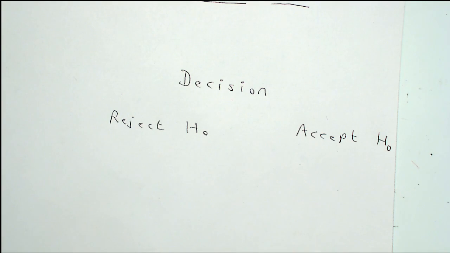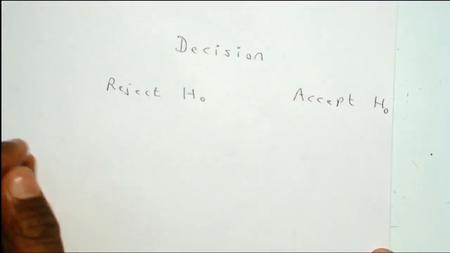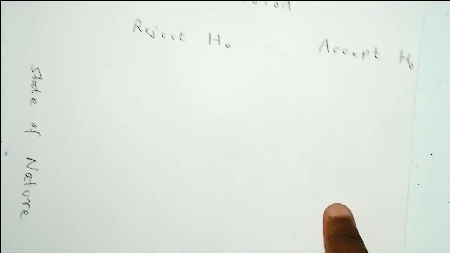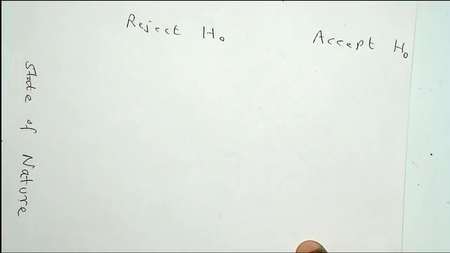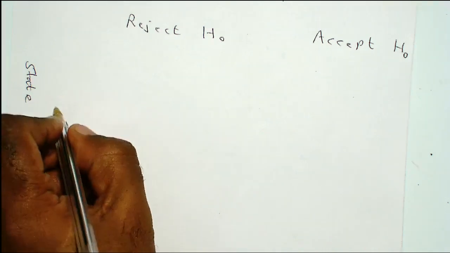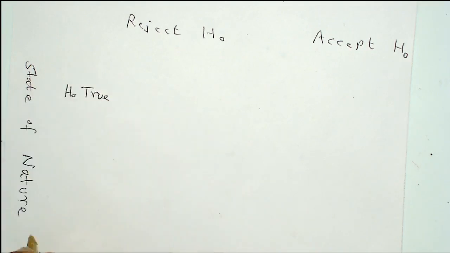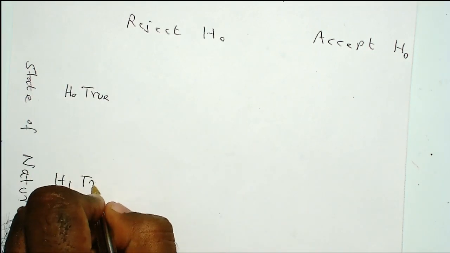Either reject or accept. But you also have something known as the state of nature, right? Can you read this, guys? I have written it like this, sorry, because either H0 is true or H1 is true.